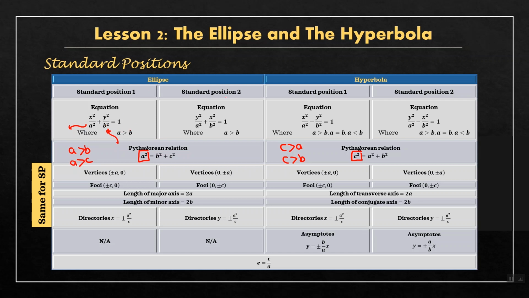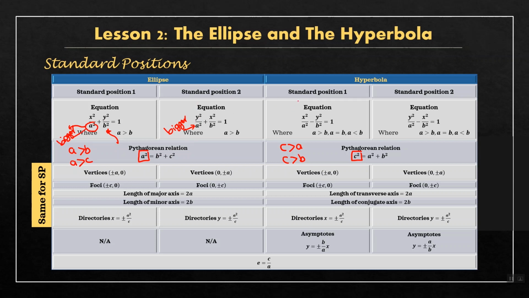And if it is in the second standard position, then you will have it opposite. You will have y squared over a squared and x squared over b squared. So the y squared is over the bigger number, and the x squared is over the smaller number. So if the x squared is over the bigger number, you know it is sp1. If the y squared is over the bigger number, it's sp2.